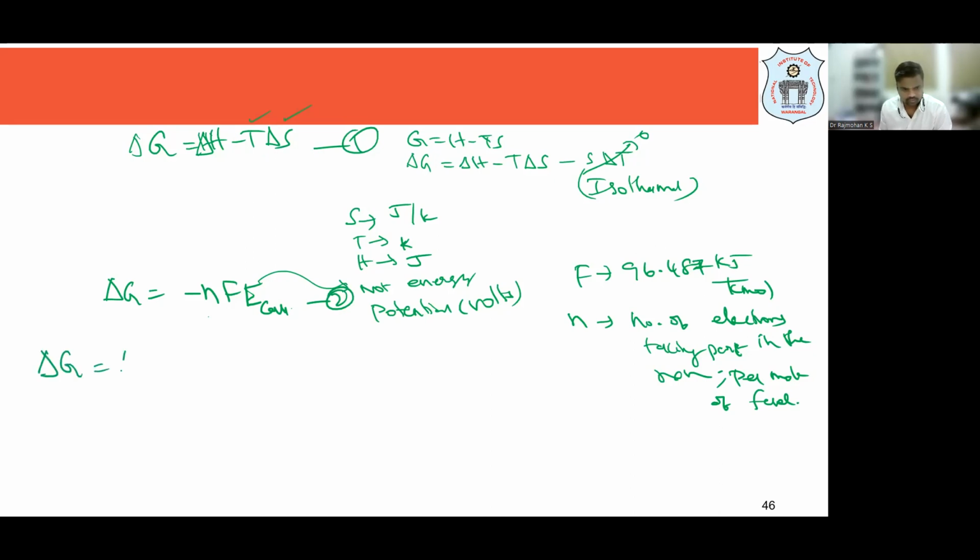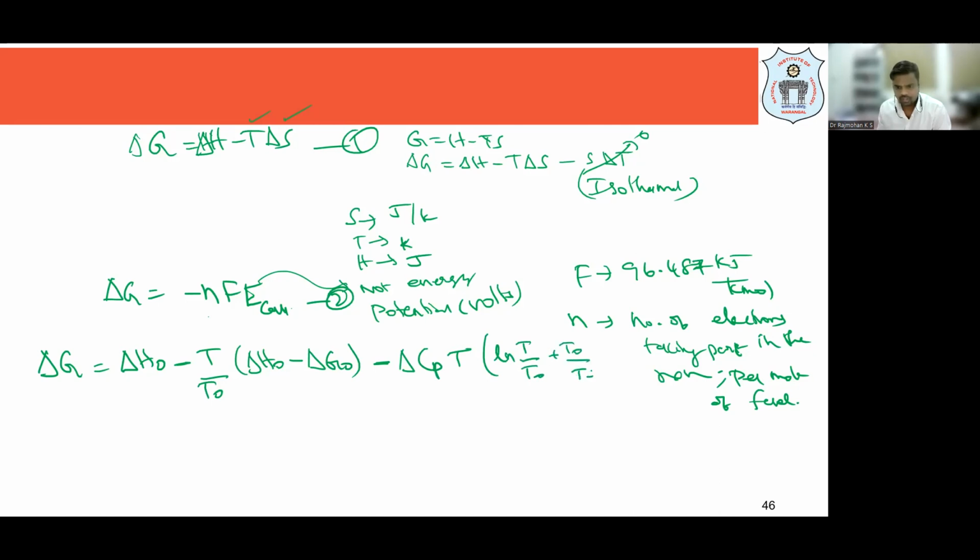Delta G is equal to delta H naught minus T by T naught into delta H naught minus delta G naught, minus delta Cp T into ln of T by T naught plus T naught by T minus 1.